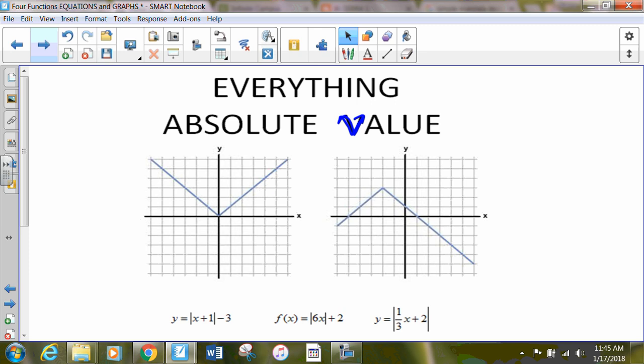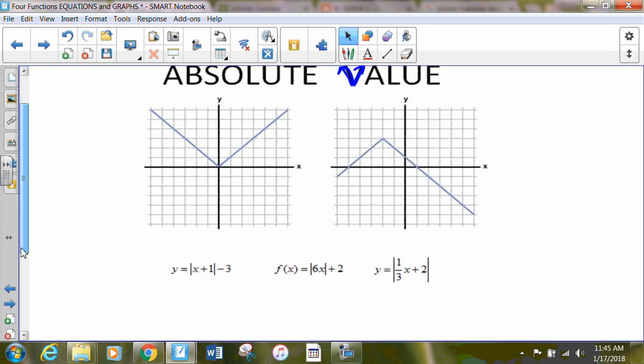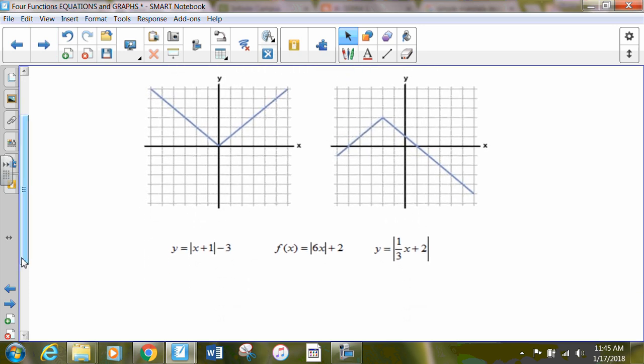And absolute value equations also have a certain look. You see these 2 lines right here? These are absolute value signs. And if we were in class together, I would tell you my goofy way for remembering. I think about a football game with a referee, and when the football team scores a touchdown, what does the referee do?